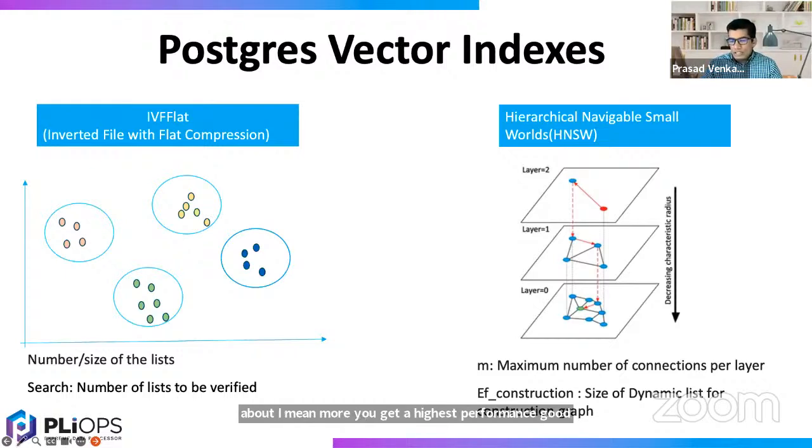But the drawbacks are, first, it takes up significant space. Second, creating the index takes a longer time, and maintenance is a little more complex. So these are the pros and cons of the different indexes within Postgres.